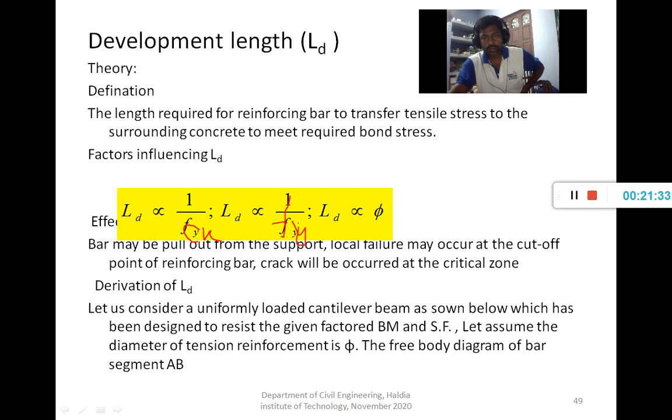It means if the grade of concrete is more, then less development length is required. Whereas if the grade of steel is more, then more development length is required.